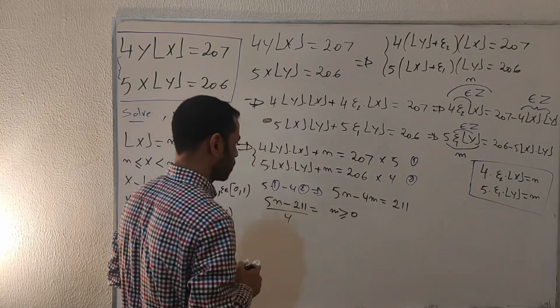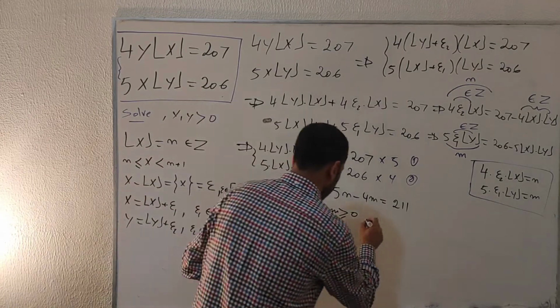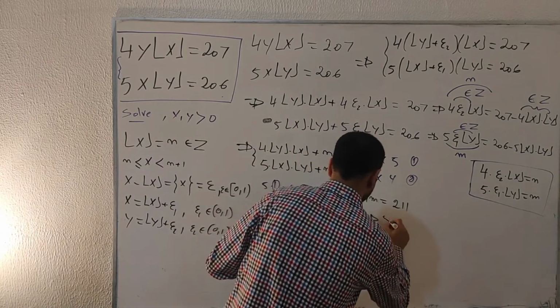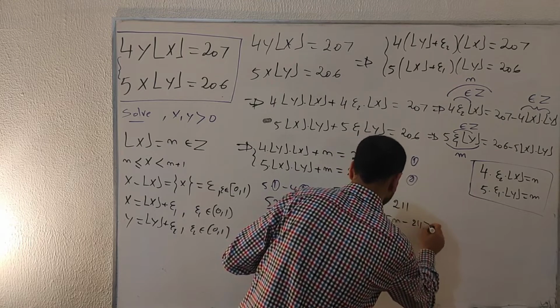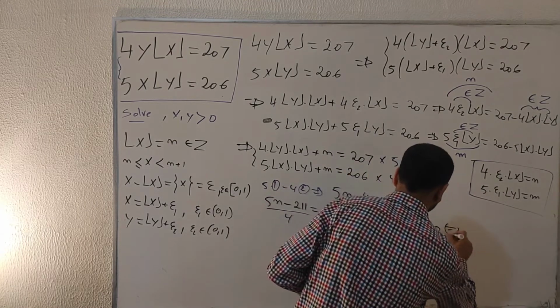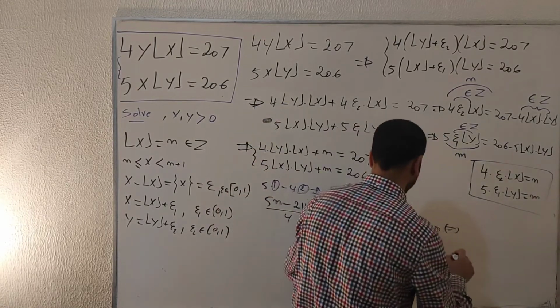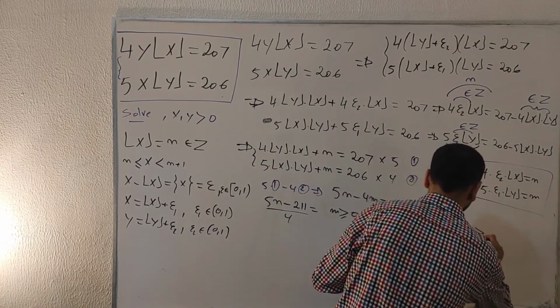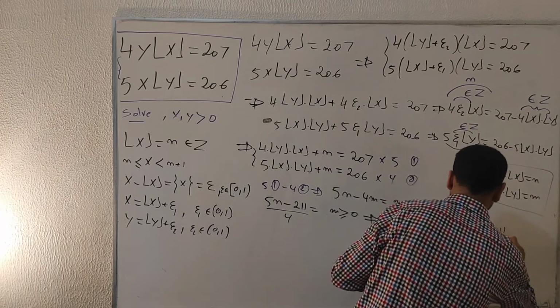If m is superior or equal to 0, this term must be superior or equal to 0. This is telling us 5n minus 211 is superior or equal to 0. In other words, by taking 211 to the right and dividing both sides by 5, I get n is superior or equal to 211 divided by 5.